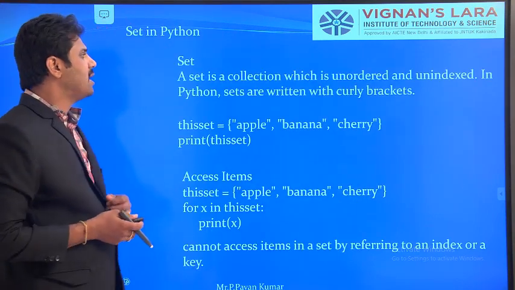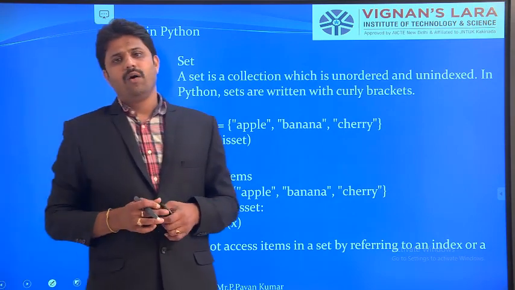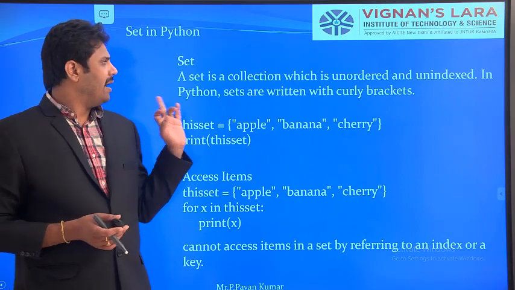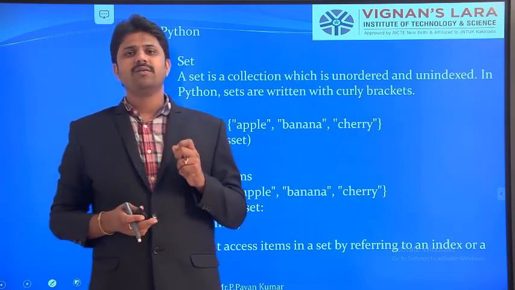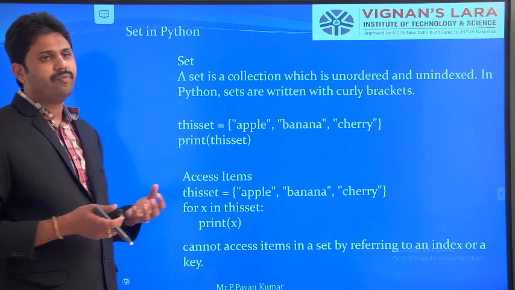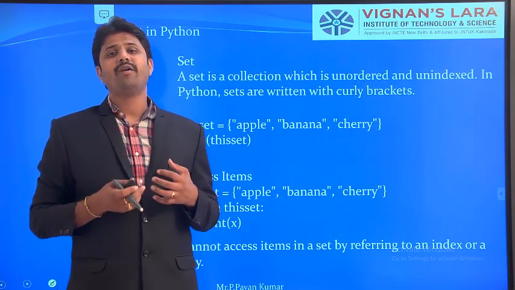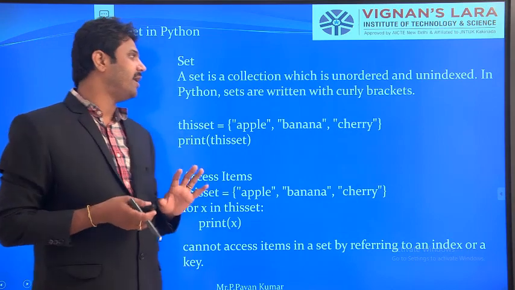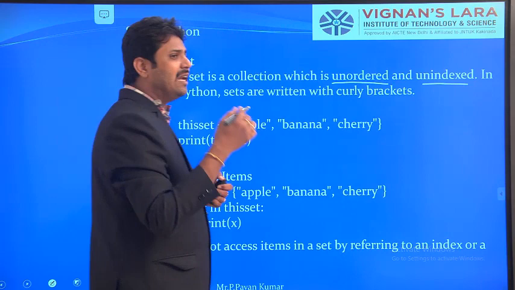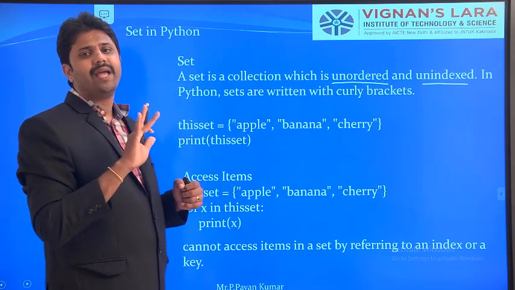Next one, sets. We have discussed lists and tuples, and this is the third data structure, sets. What is a set? A set is a collection of data which is not ordered, which is unordered data. Previously we have seen that lists and tuples both have indexing.